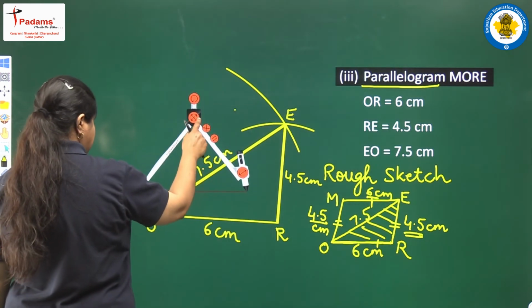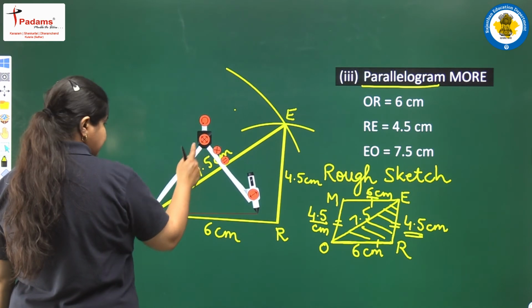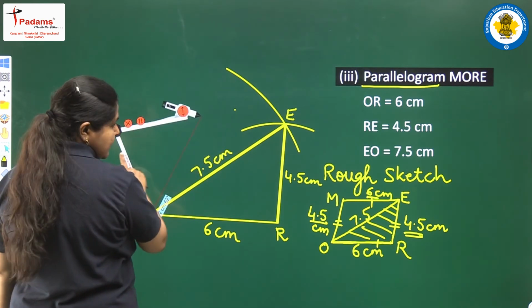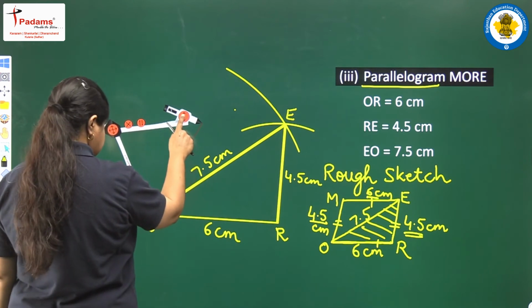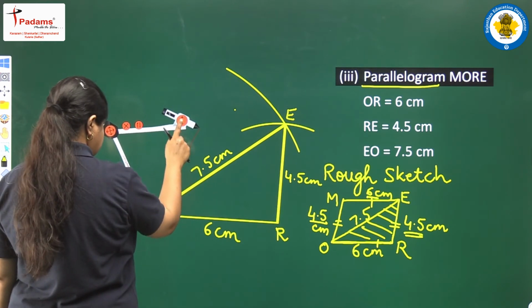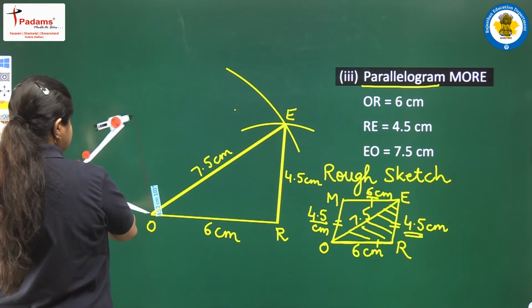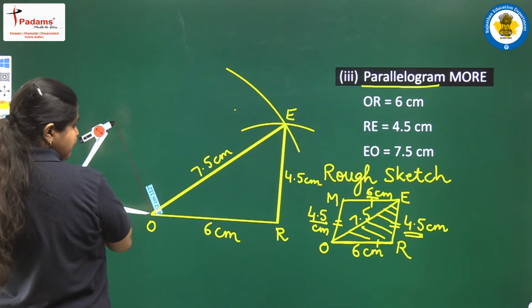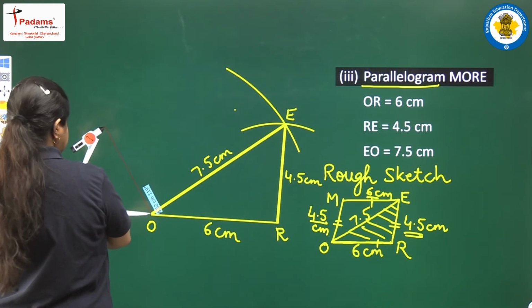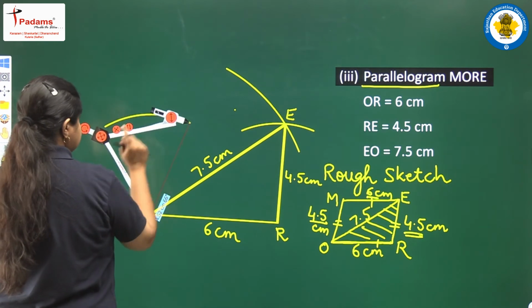We take this at point O and we need to measure it 4.5. So, we take it as 4.5 and draw one arc here in this way.